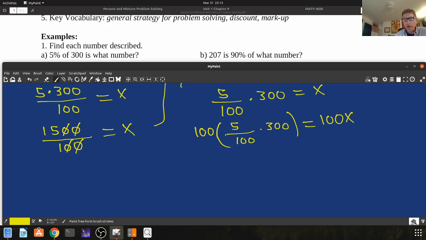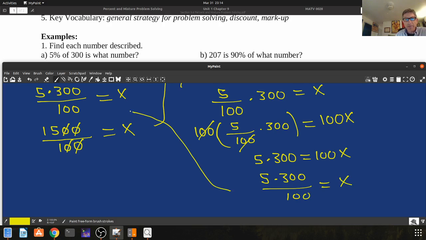So 100 times 5 divided by 100 times 300. So all of these are multiplication, so these cancel. So this becomes 5 times 300 is equal to 100x. And then to get x, I just divide both sides by 100. And notice that's the step I was at when I got right there, the direct method. You're going to get the exact same answer.